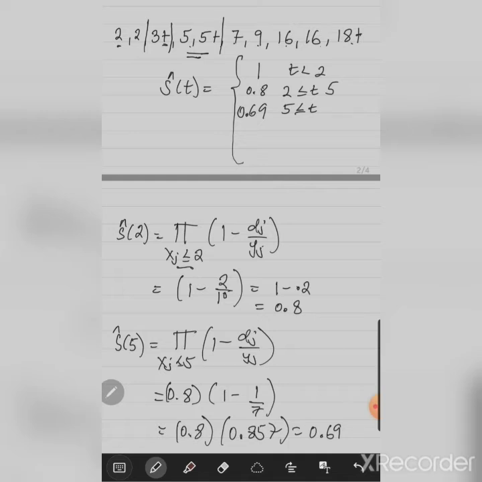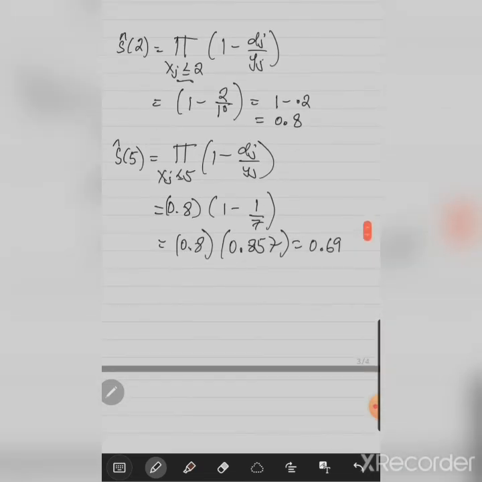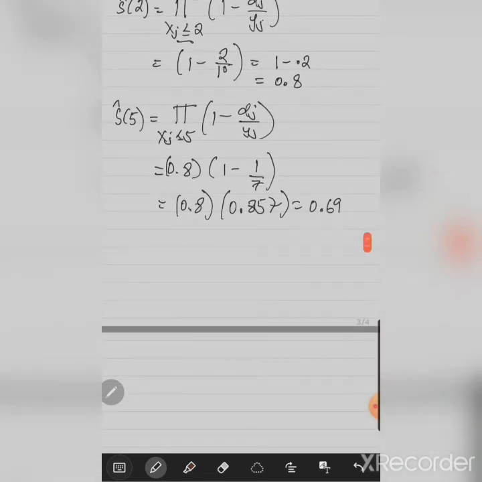So the next time an event occurs is at 7. So repeating similar steps, the survival function for t is equal to 7 is going to be the product of xj less or equal to 7, 1 minus dj over yj. So here we have to consider all the events that have occurred before 7.